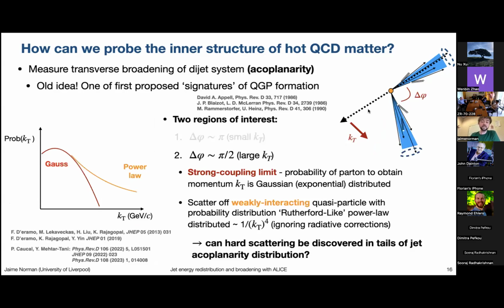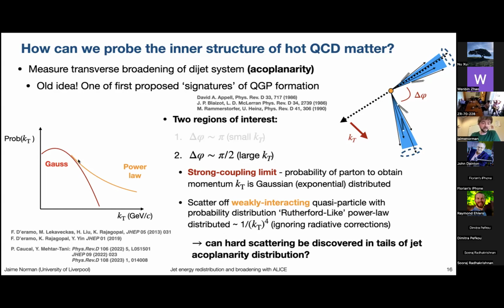In the large angle scattered region, we expect in the strong coupling limit, the probability of a parton to obtain momentum KT is Gaussian, as shown here, whereas scatters off weakly interacting quasi-particles would look more like a power law distribution.